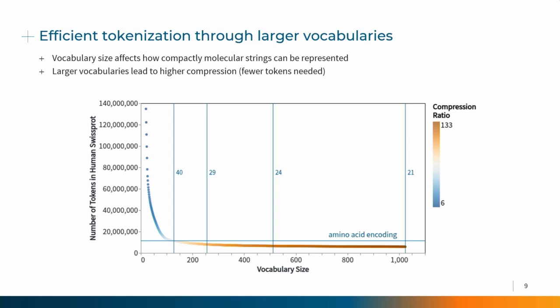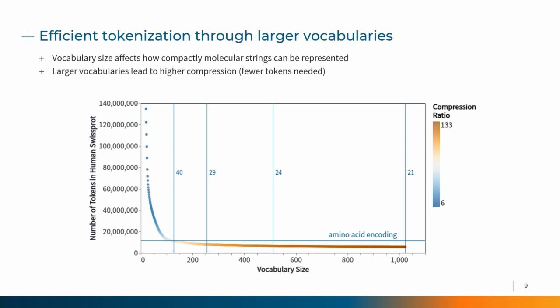And to show you this, we took the whole human Swiss-Prot database and represented it as SELFIES strings, and then tokenized that using byte pair encoding at different vocabulary sizes. And as you see on the picture, the more tokens we have in the vocabulary, the fewer token IDs we need to represent the whole human Swiss-Prot database.